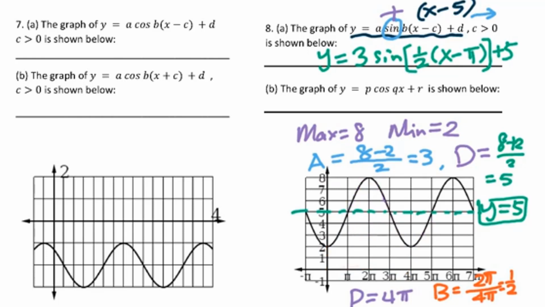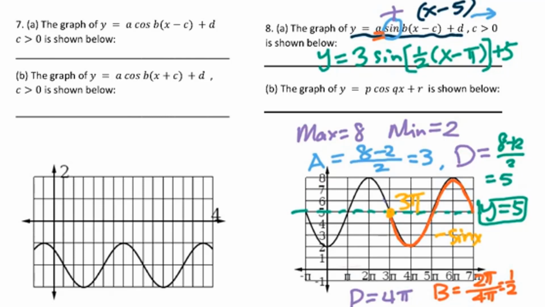But what if for this sine function, I find this is my pattern? Since for A, it didn't say it's positive or negative, this pattern still works. But remember, this will be the negative sine x pattern, and then the starting point will be 3 pi.